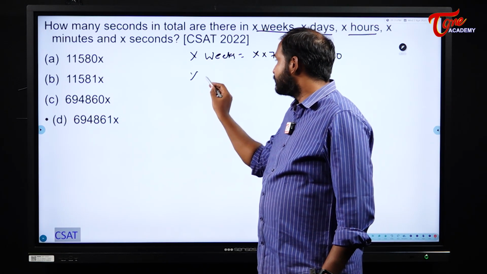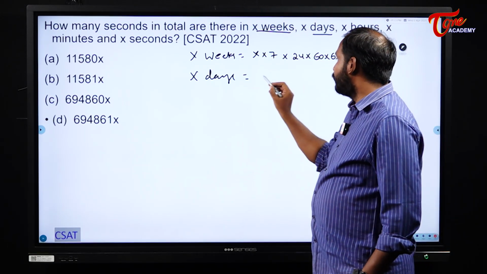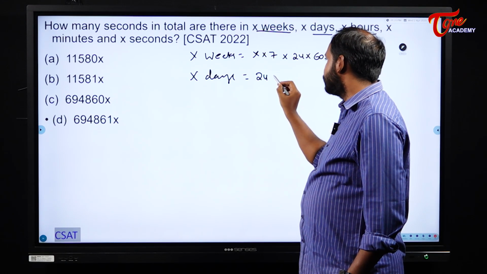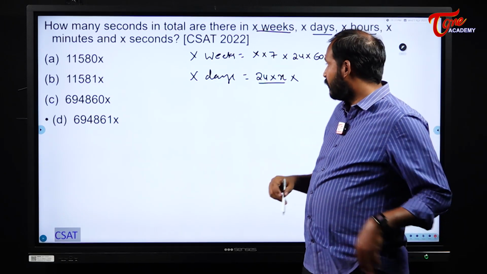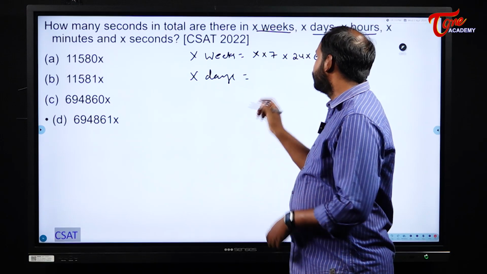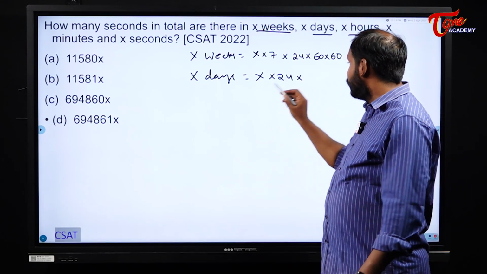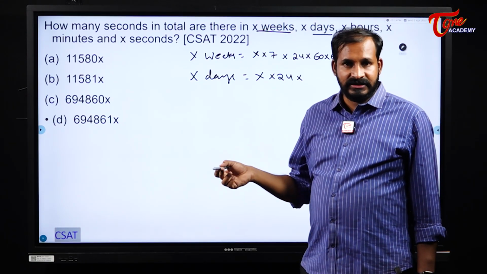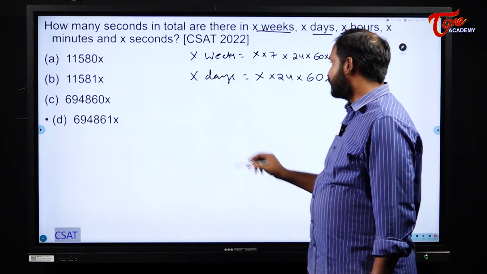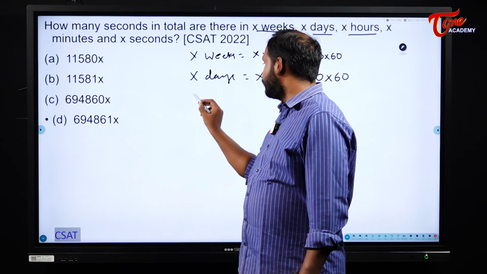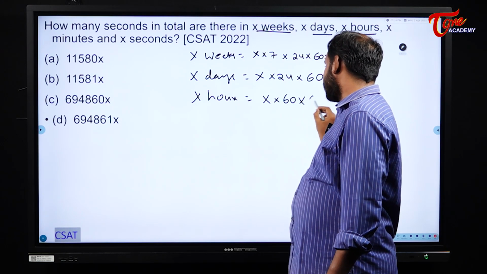When it comes to x days, what will happen for us here? 1 day means how many hours? x into 24, into the minutes in an hour, 60, into 60 seconds. Next, x hours: x into 60 minutes into 60 seconds.